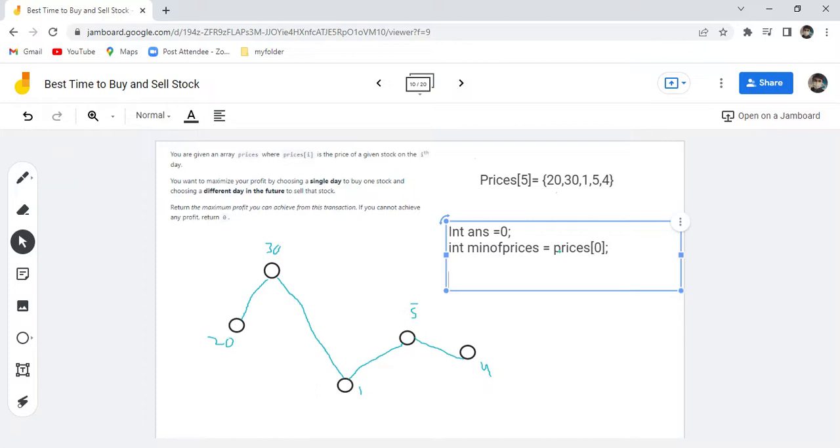So what it states is that we have a value answer which has a 0 in it, and then we have a minimum of prices which is prices[0].